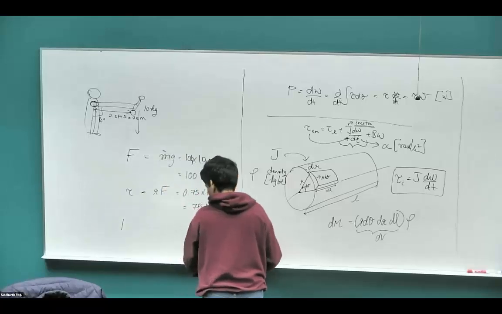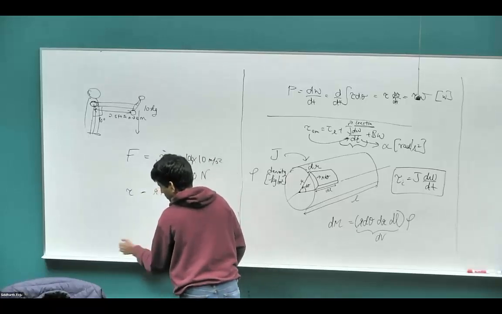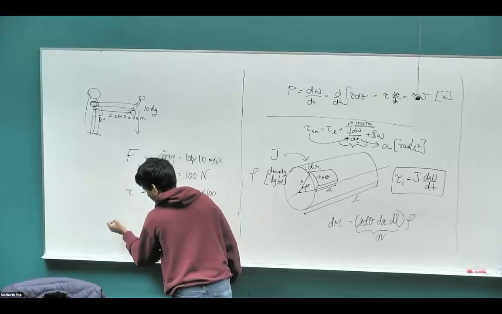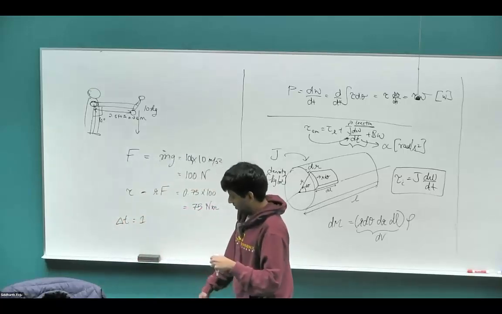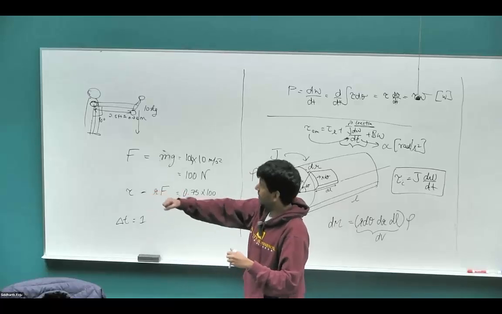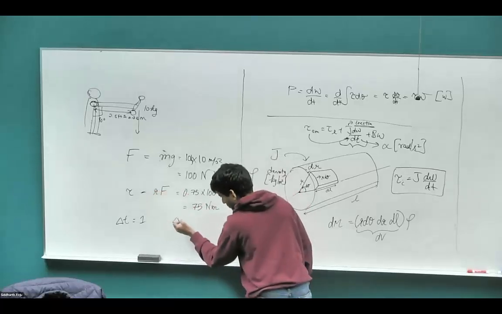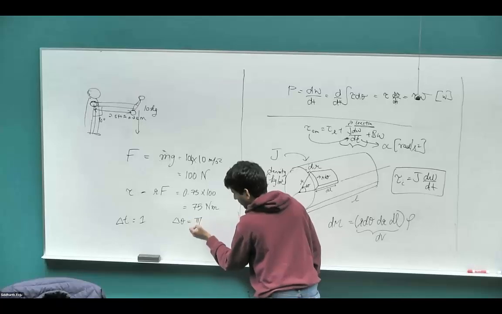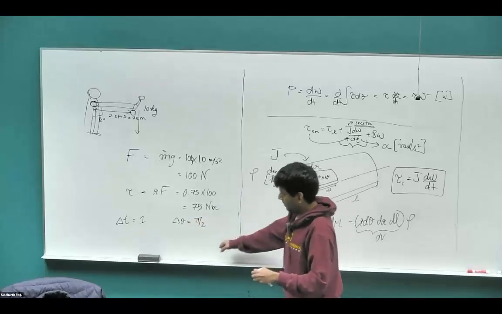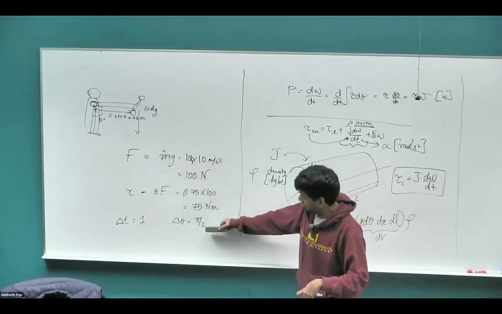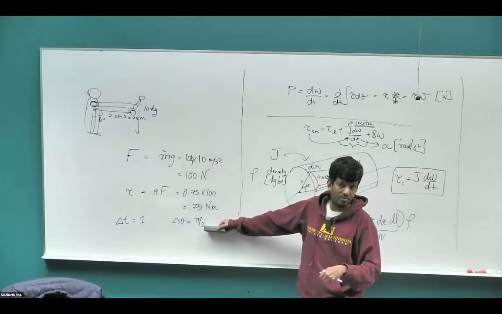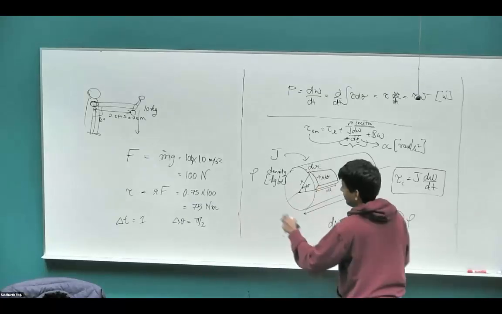So let's say it took me about a second to go from initially zero angle to 90 degrees to lift that weight. So delta theta is pi by 2. Started off at 0 degrees, went to 90 degrees. Those of you in the back row, can you see up to this line if I write here?